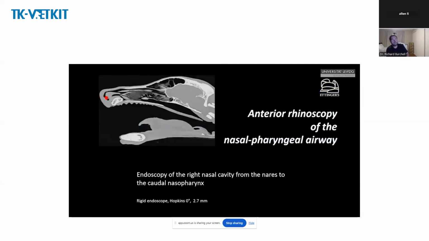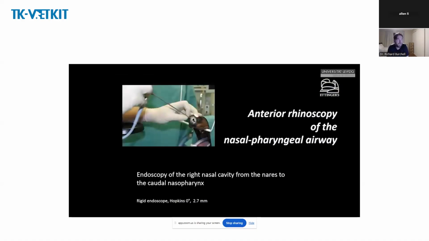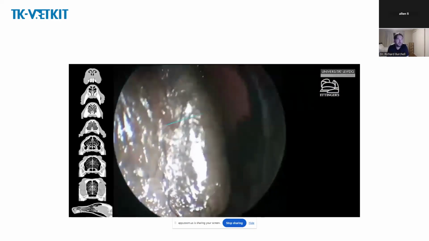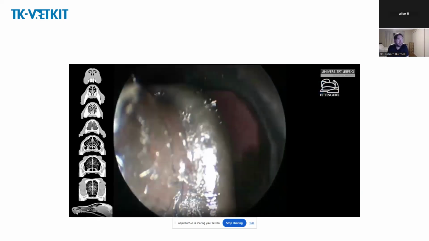So basically, he shows you on the CT a little red dot simulating what you're going to do, the pathway that your scope is going to take. So we're passing the scope down, we're having a look at all of our structures, and then we're moving right down into the nasopharynx, and then we've pretty much taken the scope as far as we can. Okay, so in this particular case, the right nasal passage is being accessed. That's the vestibular bulb.